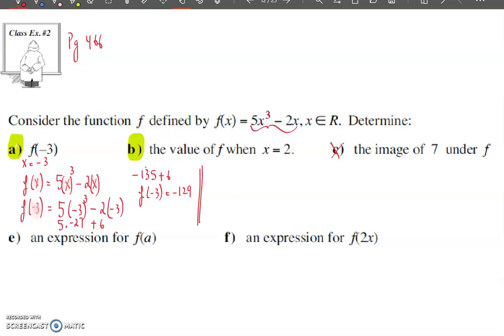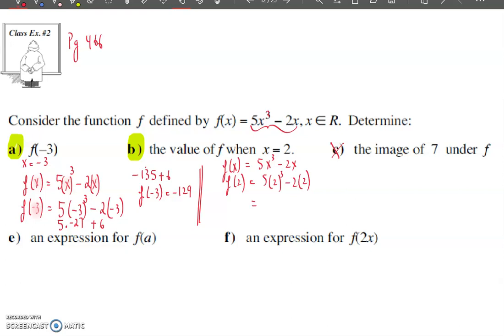Okay. B is another way they can ask you the same thing. What is the value of f when x is 2? This is actually much more simply given to you. They're telling you what x is, and they're asking you what f of x will be. So again, you put a 2 everywhere there is an x, and you find this value.